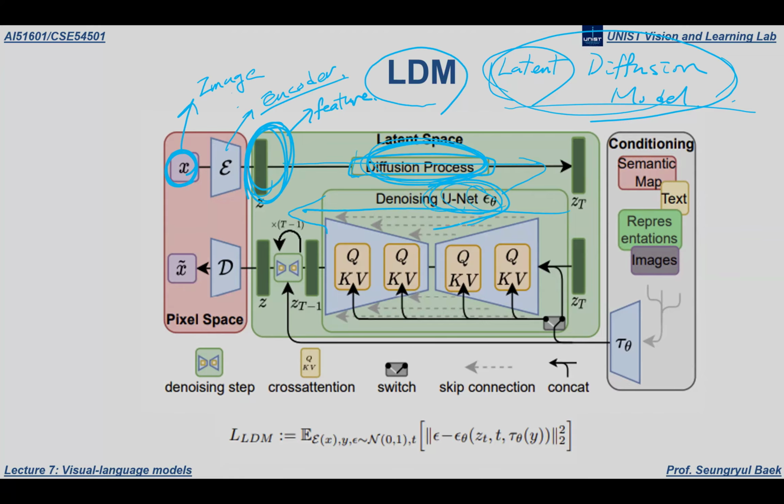UNet becomes the denoiser here. They apply the forward step and the denoising step, the inversion step, in the latent space, which means the feature space. So rather than applying noise to and denoising the images themselves, they do that in the latent space. That's why they are called LDM.